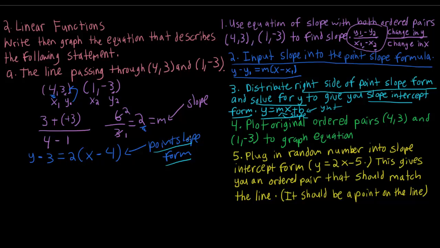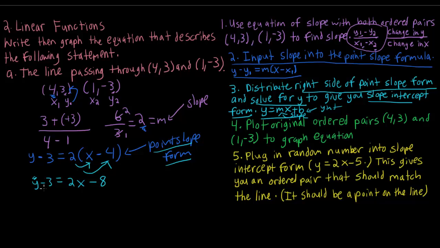Okay, so now we need to distribute the right side of this equation, which is in point slope form. So you end up with y minus 3 equals 2 times x is 2x, 2 times negative 4 is negative 8. And to get into slope intercept form, we have to solve for y.